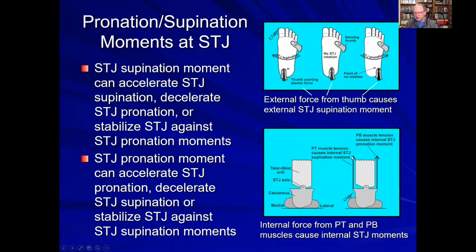We can see that if the posterior tibial muscle exerts a tension force pulling upwards on the medial aspect of the foot, this is going to cause an internal subtalar supination moment. And the peroneus brevis muscle, if it pulls upwards on the lateral aspect of the foot, is going to be causing an internal subtalar joint pronation moment.